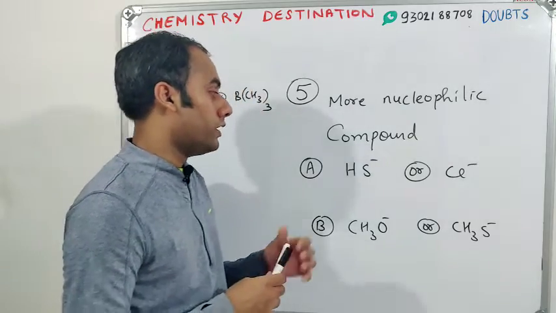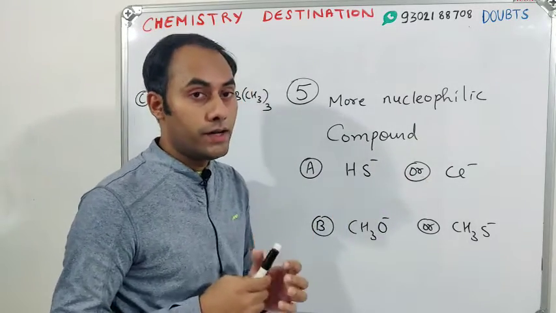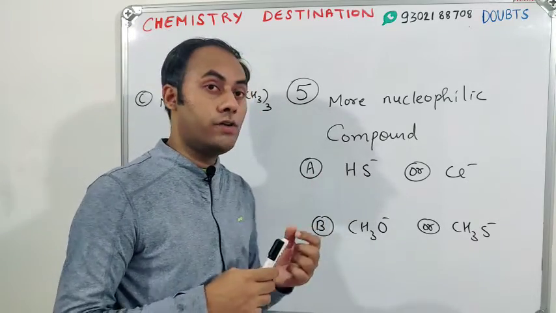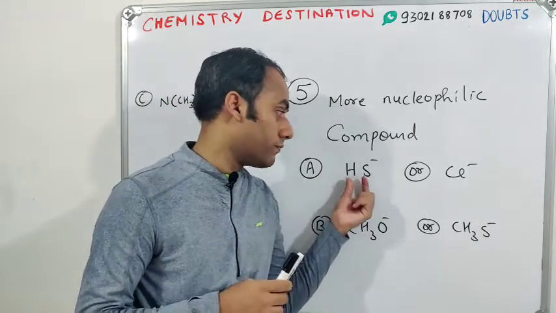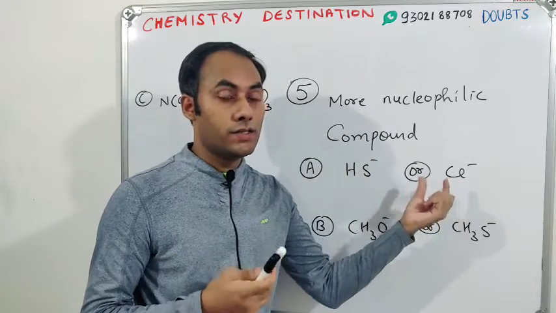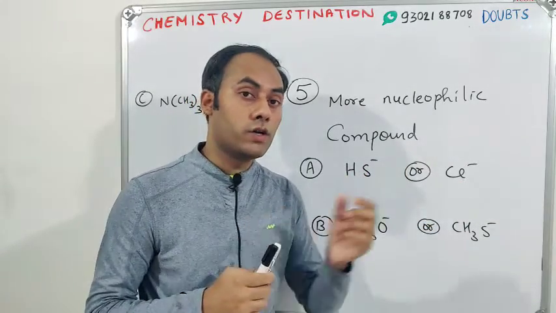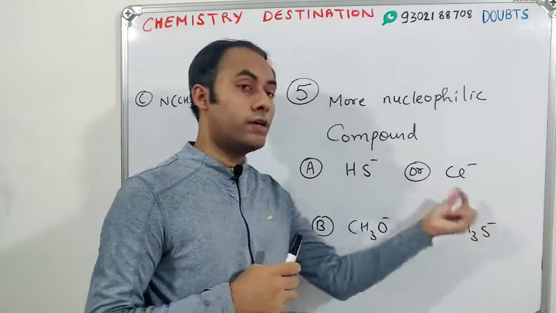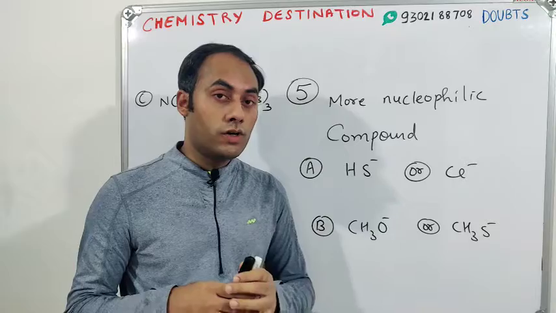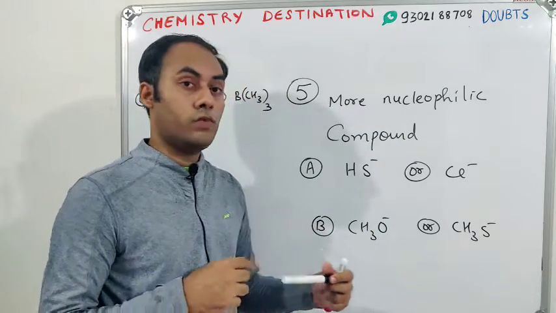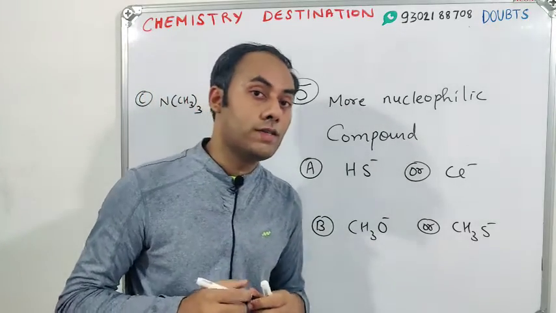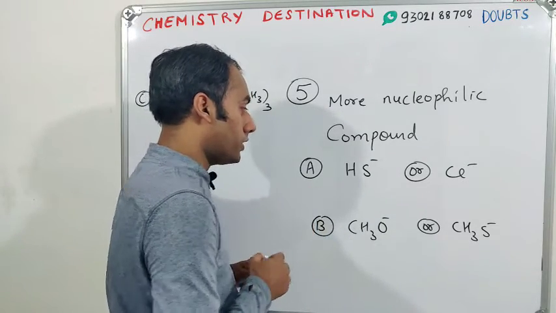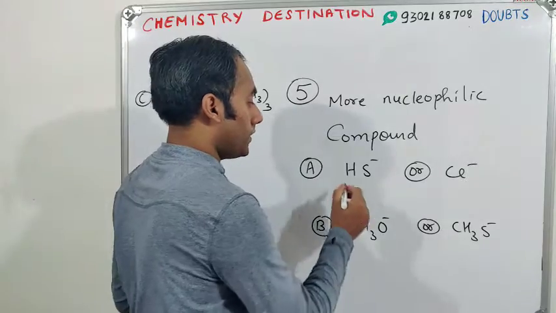In HS negative the negative charge is present over the sulfur atom, whereas in Cl negative the negative charge is present over the chlorine atom. The less electronegative atom among sulfur and chlorine is sulfur, and the less electronegative atom will donate the electron pair more easily. So the answer for the first part is HS negative.